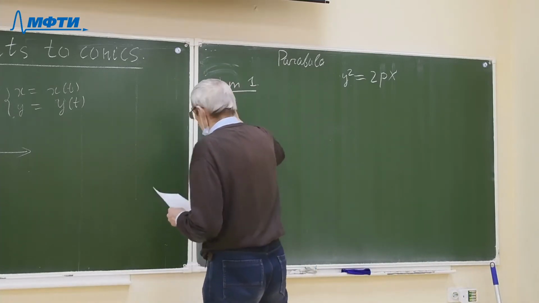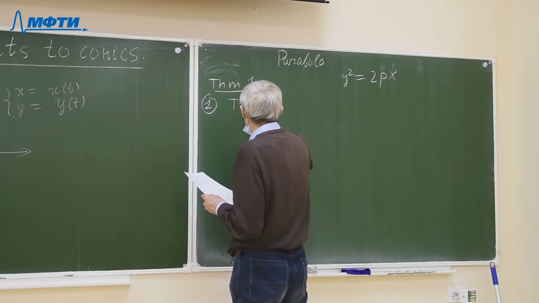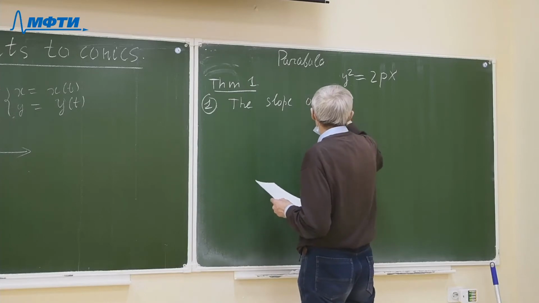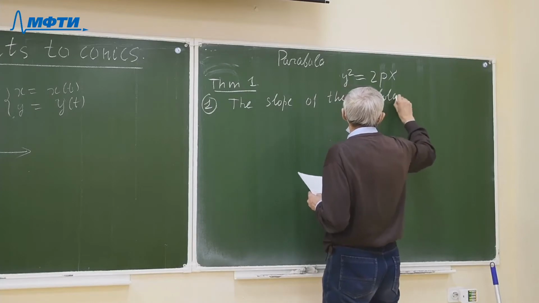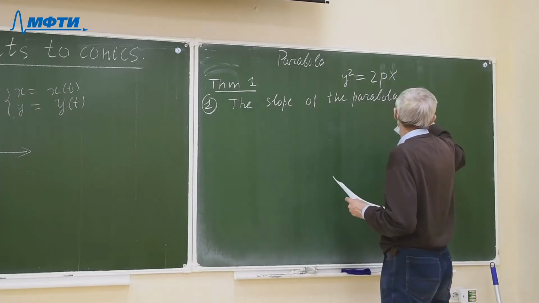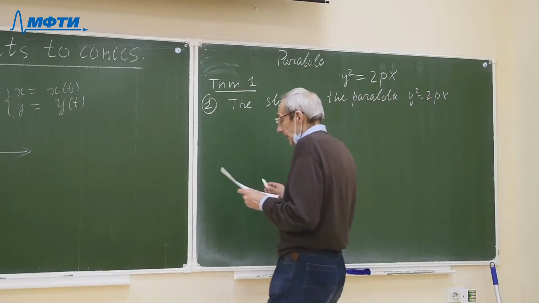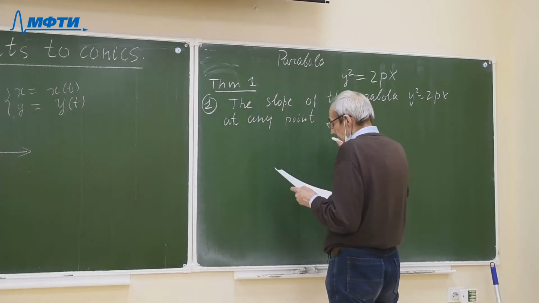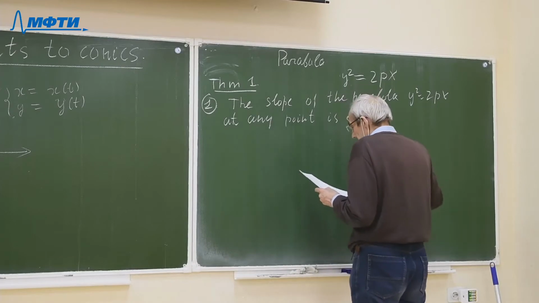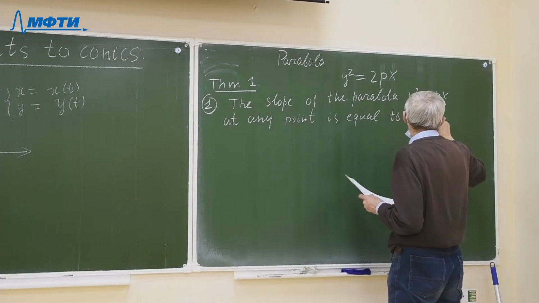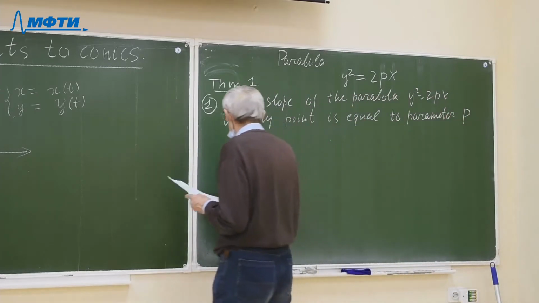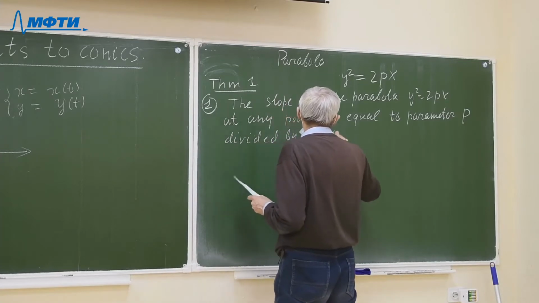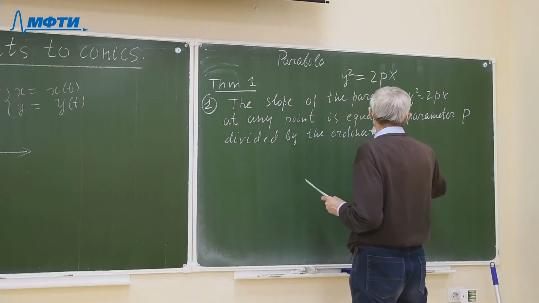Theorem 1. Item 1: the slope of the parabola defined by its standard equation at any point is equal to the parameter p divided by the ordinate of this point.